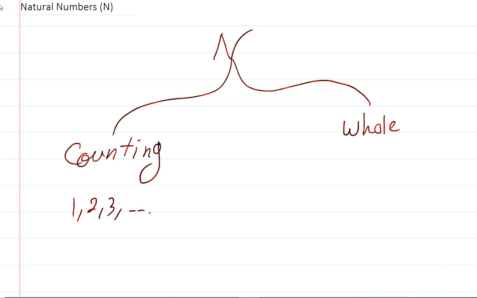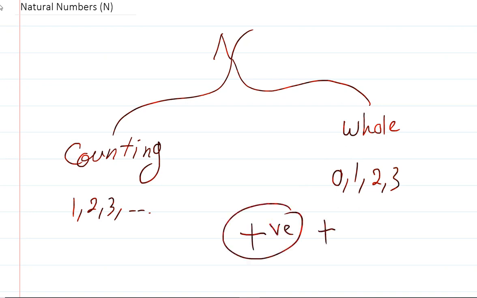But the whole numbers start with 0, 1, 2, 3, all the positive side and 0. So in natural numbers now, the positive numbers plus 0. And if I ask you to write or list the counting numbers, you will know what you have to do here, and also for this part.